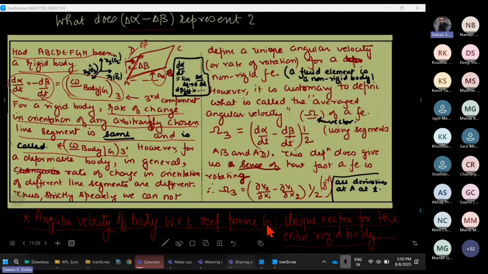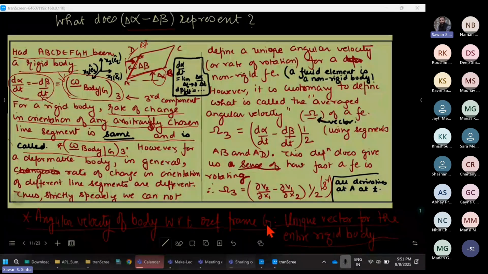So on a rigid body, you take a small solid element, or you take a large solid element, or you take the entire rigid body as one entity. You identify any line segment on that. Every time you measure the rate at which the orientation of that line segment is changing, that will turn out to be the angular velocity.